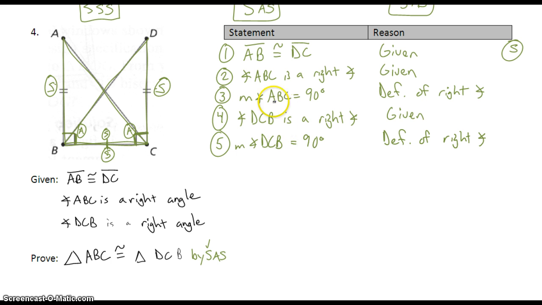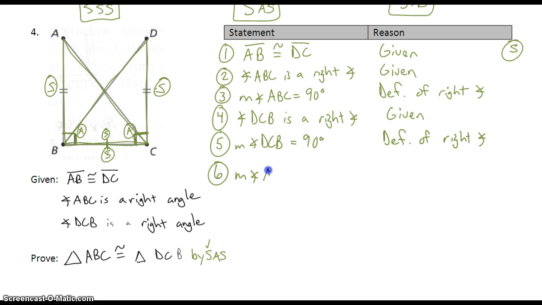Now it doesn't seem like I've done much, but I've introduced an equal sign into my proof. And both of these angles both equal 90 degrees. So I can take statement 5, and any time that I see 90 degrees, replace it with the measure of angle DCB. So I can take statement 5 and plug it into statement 3 to create statement 6.